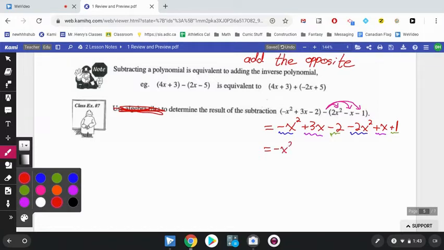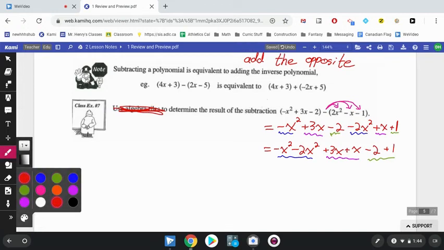Negative x squared minus 2x squared, the sign comes with it. Now your x's, plus 3x plus x. And now your constants, it was a negative 2, so subtract 2, plus 1. I have my x squareds, that's one type of term. X's, that's a different type of term. And constants, that's a different type of term.